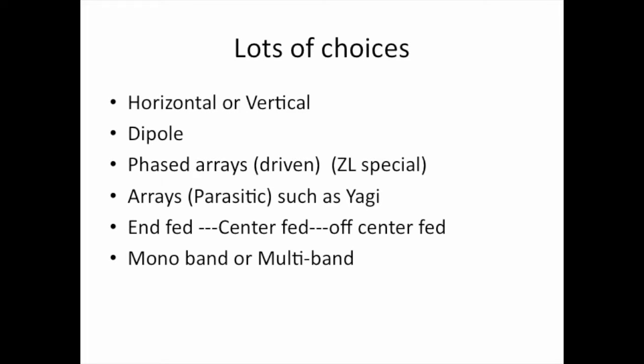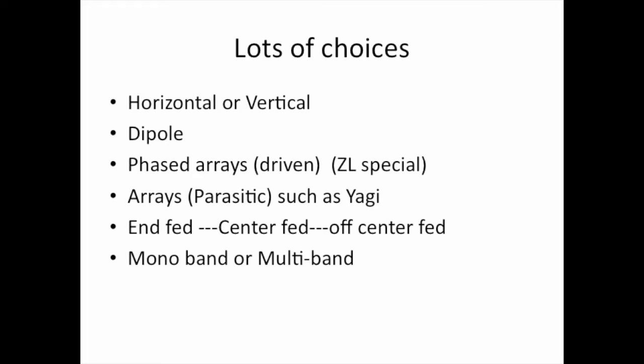Now with antennas we have lots of choices. First is, are we going to have a horizontal or vertical antenna? There are dipoles. There are phased arrays or driven arrays such as the ZL Special. There are other arrays such as parasitic arrays, that would be a Yagi antenna.